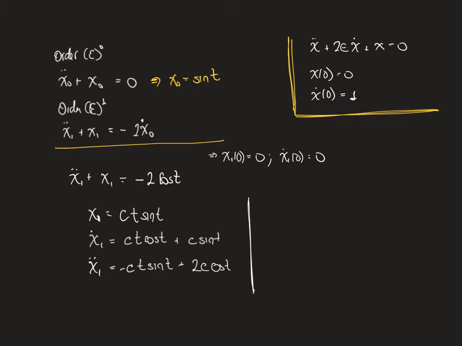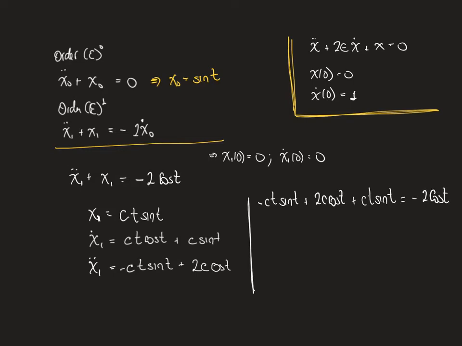Now finally we will just replace this expression. So here x1 double dot, the thing we just wrote here, so minus ct, then we have this one, and finally the right hand side.